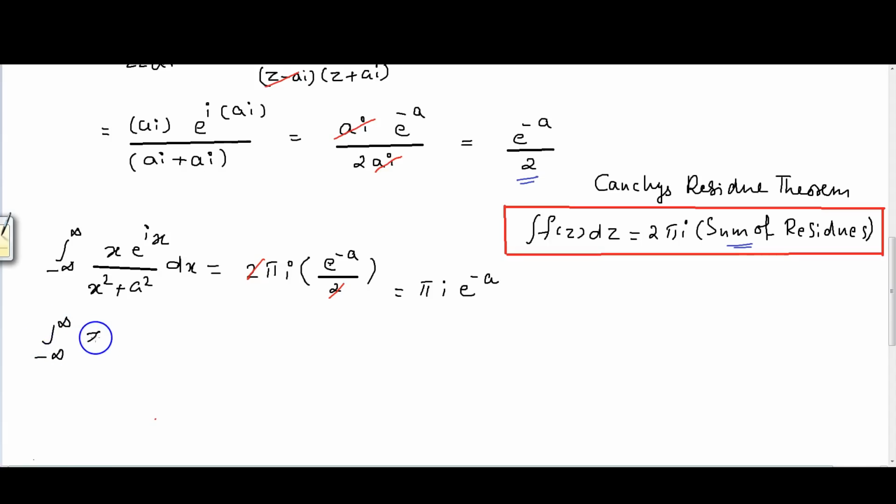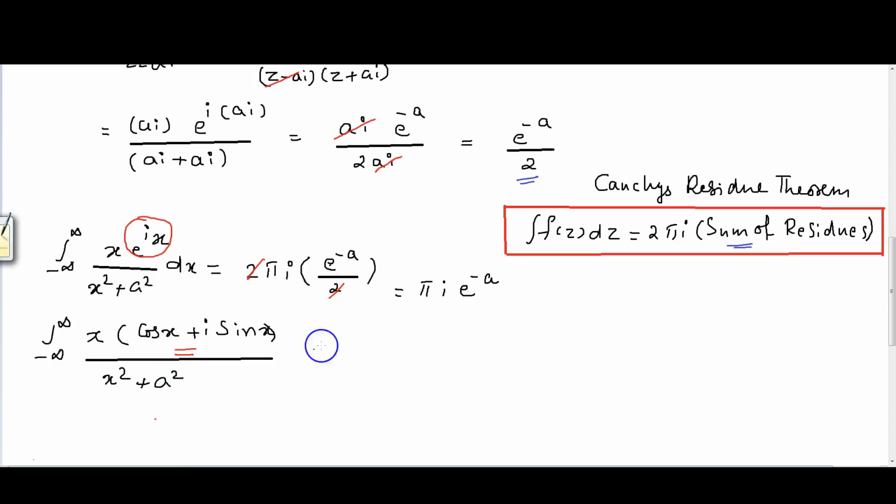Since e raised to ix is cos x plus i sin x, the integral of x into cos x plus i sin x by x square plus a square dx is equal to pi i e raised to minus a.